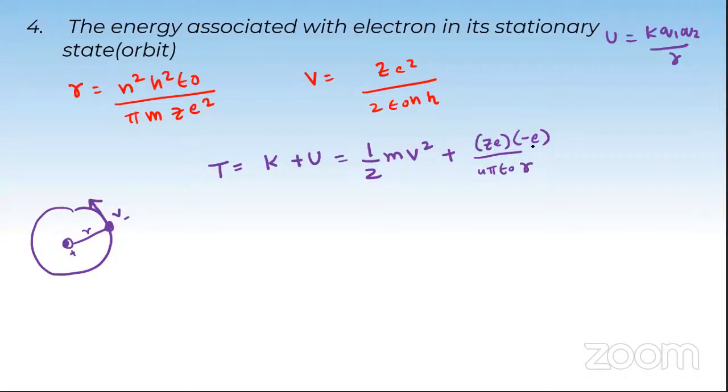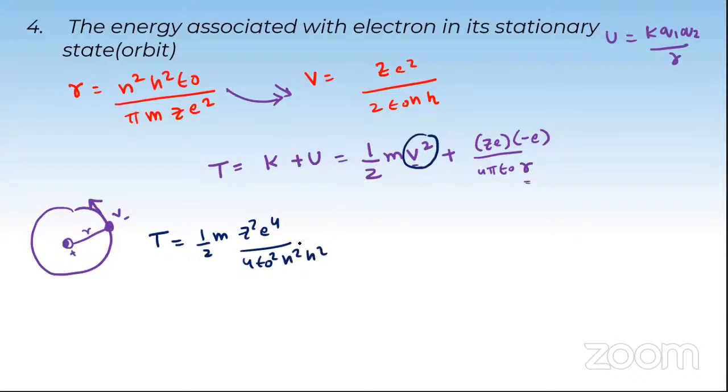If I solve this very slowly, by substituting the values of v and r from the above two expressions, I'll get an energy formula. It's quite lengthy, but it is easy. Let me do it completely. Therefore, E is equal to half m as it is, no changes. What is v square? V square is Z square e to the power 4 over 4 epsilon naught square n square h square.